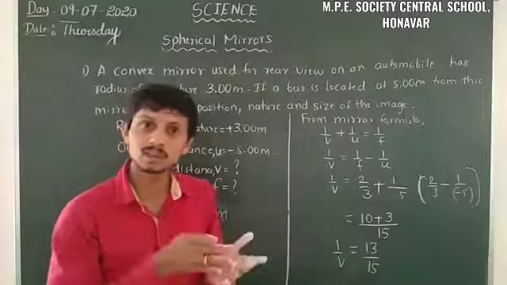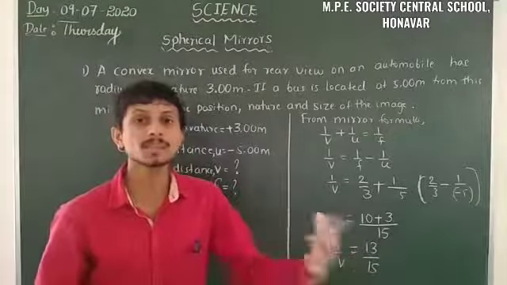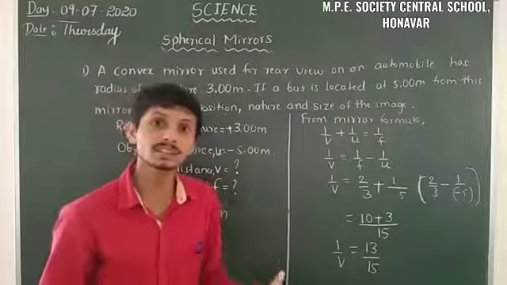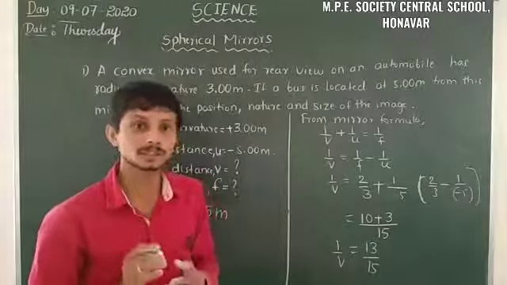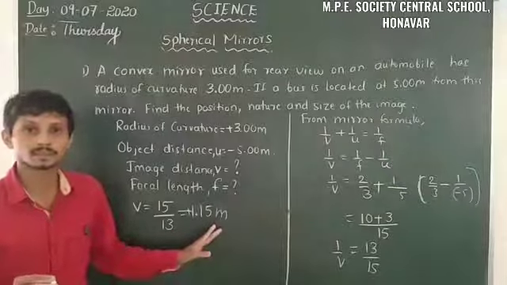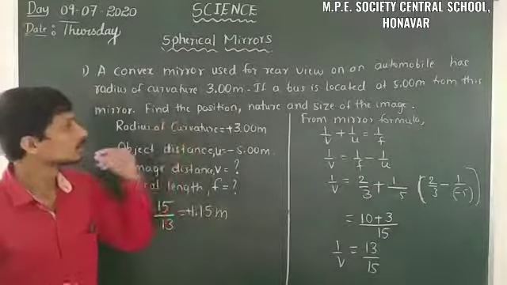That means the image is to the right of the spherical mirror. All the distances measured to the right of the spherical mirror are taken as positive. That means here a positive term appears. So 1.15 meter is the image distance here.